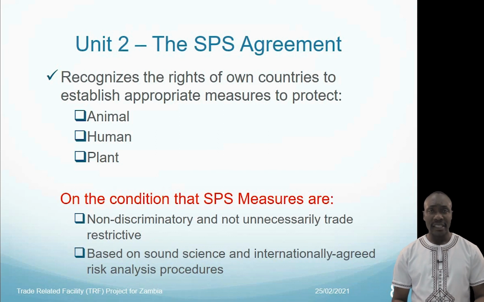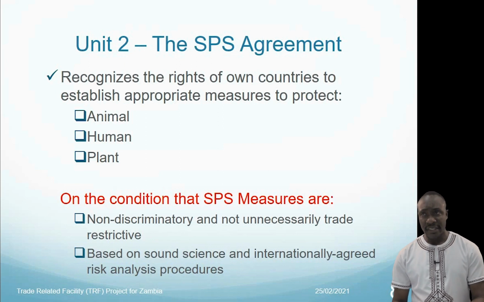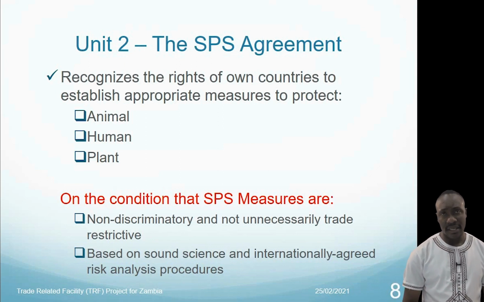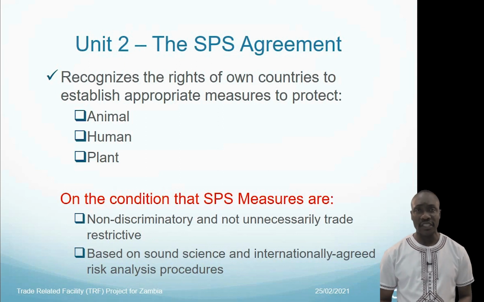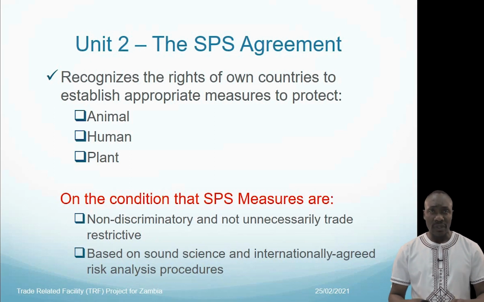Yet how do we determine the level of safety? What is the criteria to use to say this is the safe level of material that can be contained in this commodity that we consume?